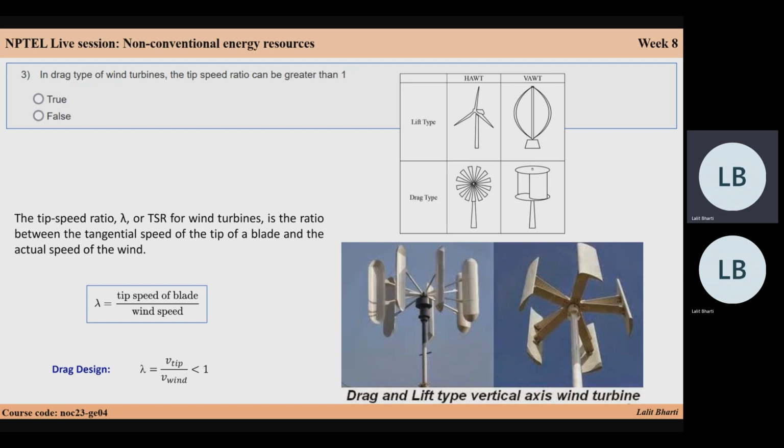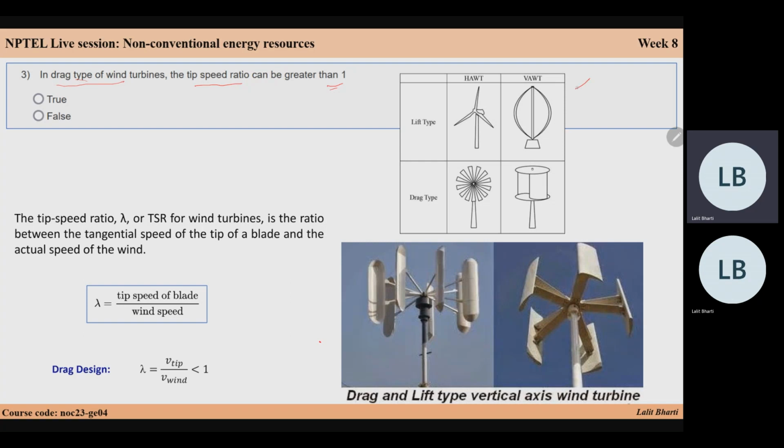It says that in drag type wind turbines, the tip speed ratio can be greater than 1. First we have to look at what a drag type wind turbine is and what the tip speed ratio is.